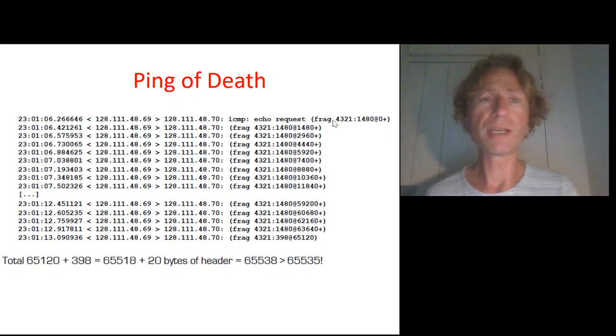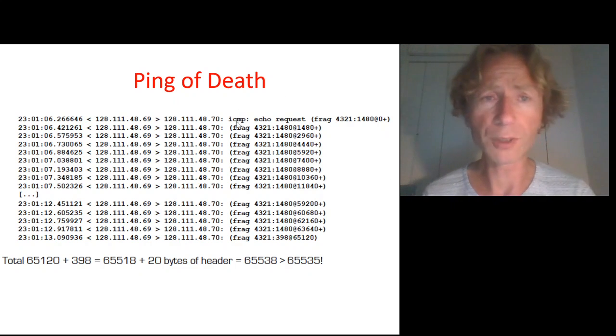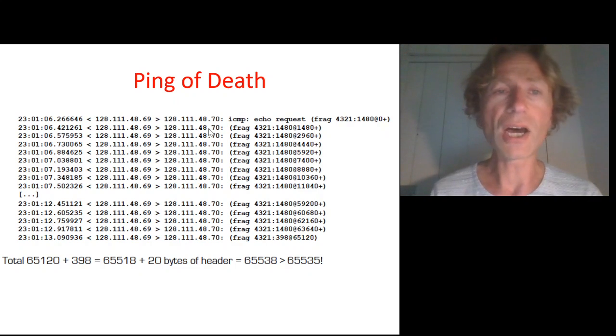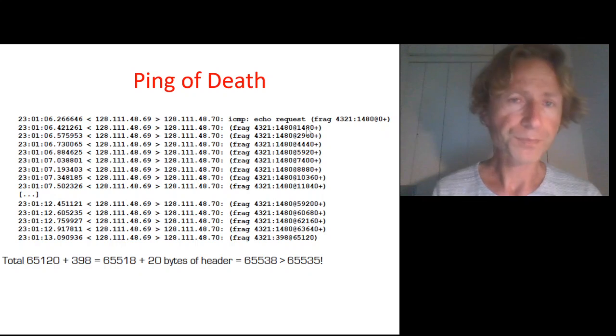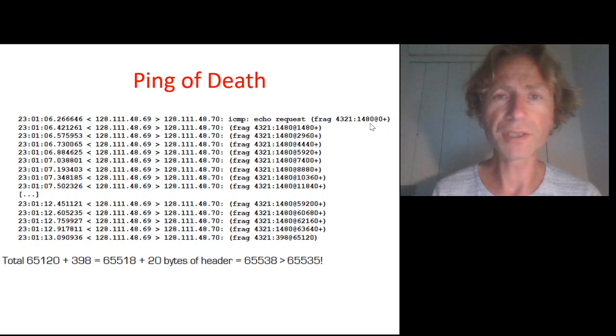Here is an illustration of this, and this time we're starting from the top. We're sending again an ICMP echo request, and the first fragment contains 1480 bytes, starting at offset 0. The second one has 1480 bytes at offset 1480, then 2960, 4440, and so on.